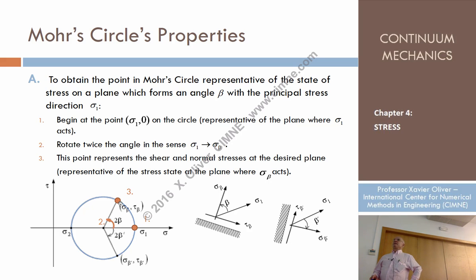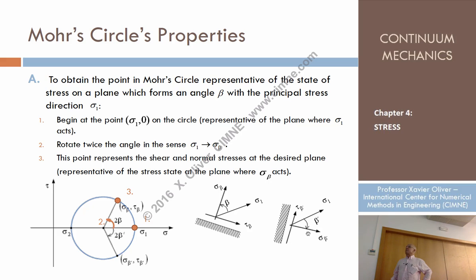And that point is precisely the point of the Mohr circle which is representative, in the sense that the ordinate of this point is the tangential stress tau beta, and the abscissa of this point is the normal stress sigma beta. The sense means something.